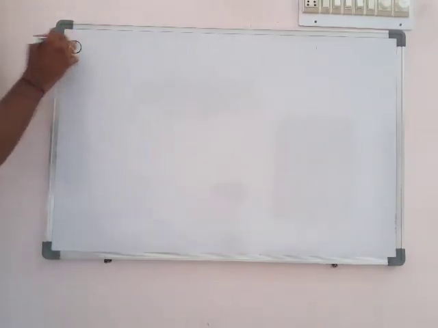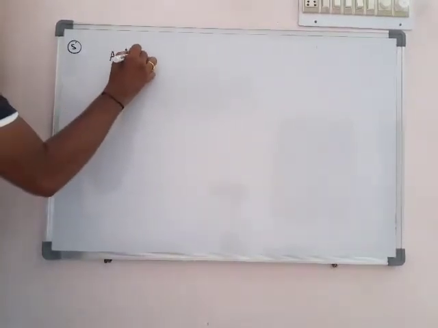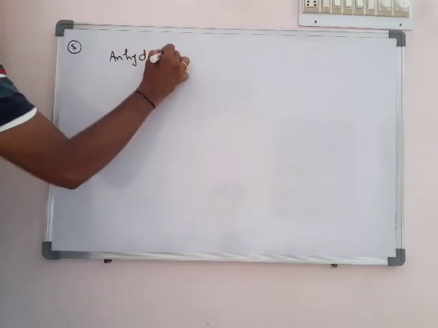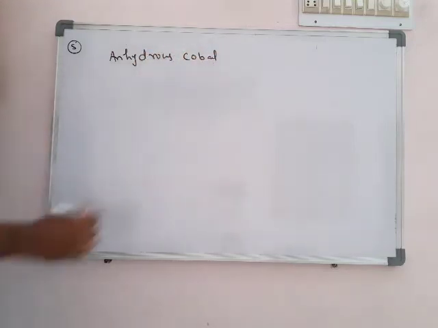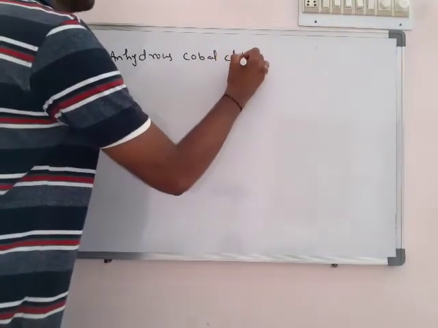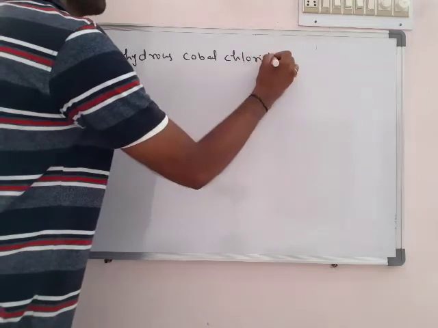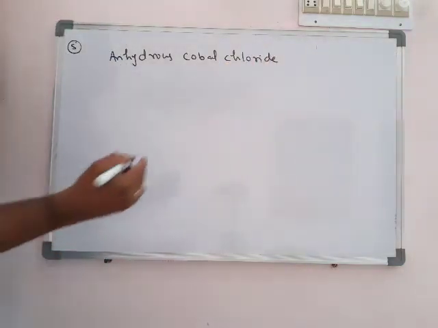Next one, anhydrous cobalt chloride, CoCl2. Anhydrous cobalt chloride is a blue colored one.